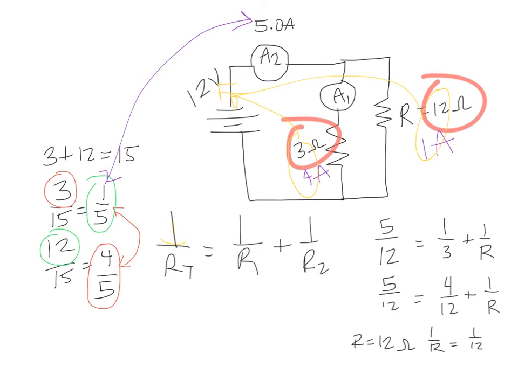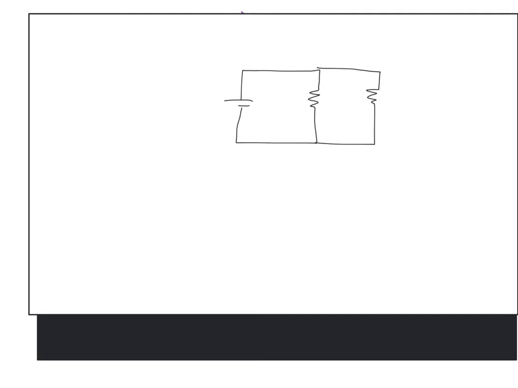Well, the first thing you'll notice on the AP exam is they don't give you numbers, they just call them R. So let me find a way to blank this out. Alright, I found a way to blank that out really quick. So what would you see on the AP exam then? I'd see something about a voltage source.